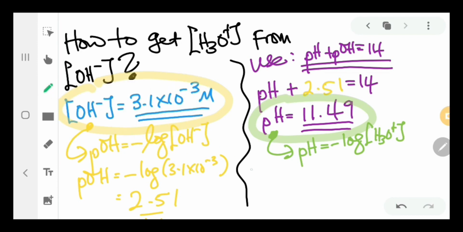So you have 11.49 equals negative log concentration H3O plus. So you take this negative to the other side.